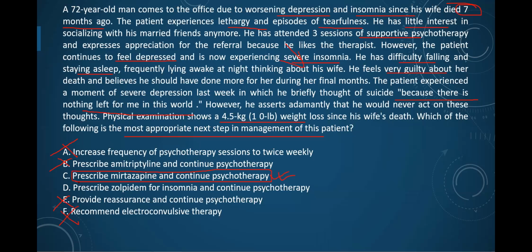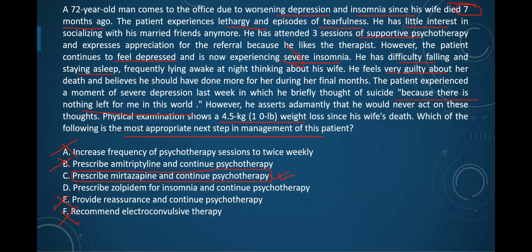Now again you added another SSRI, which is paroxetine. What is the complication that can happen to that patient? When patients take more than one SSRI medication, the very important complication that can happen is called serotonin syndrome, because these SSRIs increase serotonin.